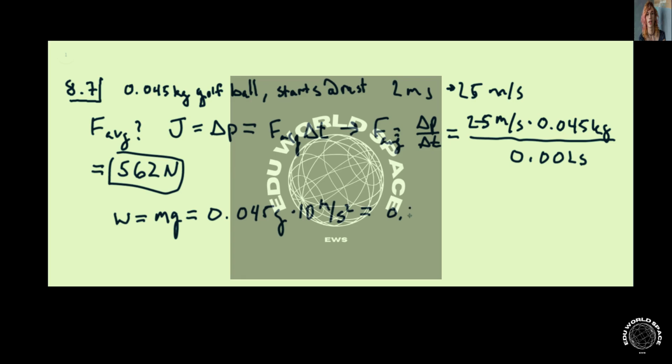And this is less than half a Newton. Now, considering that this is very small compared to the answer we got, assuming that the weight didn't matter, then making that assumption works, because this is gigantic compared to this.